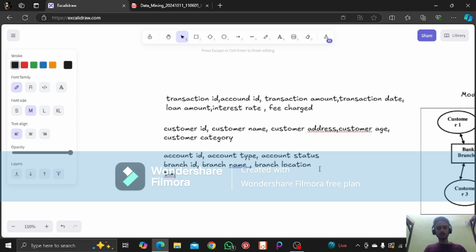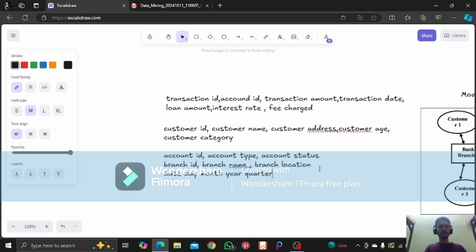The time dimension basically includes the date, day, month, year, quarter, etc. Now moving on to the transaction type dimension.